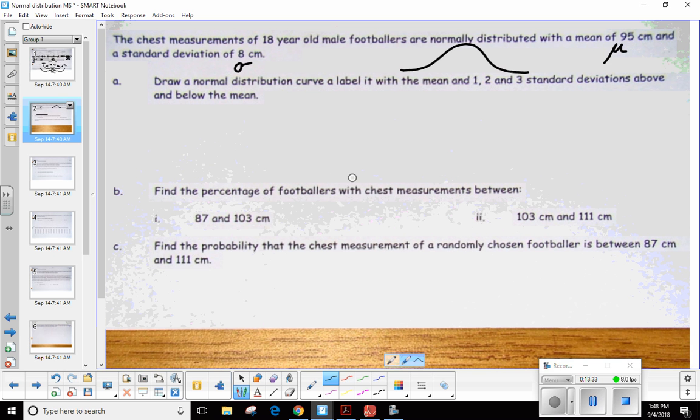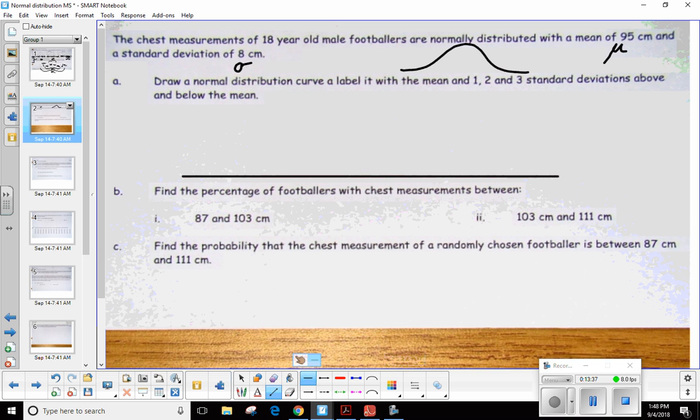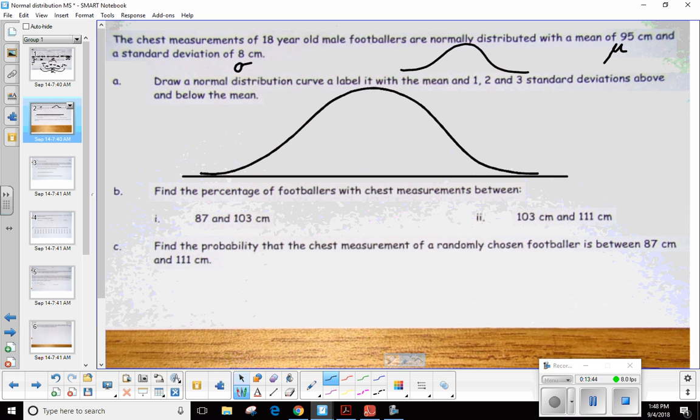I'll do this because I want my graph to look somewhat decent. And there we go. So there's my bell curve. Now my mean was 95. So right here in the center, if I can draw a straight line, that'd be fantastic.